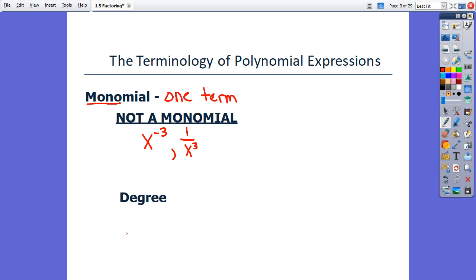That would not be considered a monomial, even though it sort of looks like one term. The reason is there's a restriction on the domain. Polynomials, as we'll see, are continuous over the entire real number system. So any kind of restriction like here, x can't be 0, creates a discontinuity, and therefore it's not a polynomial. So even though it looks like one term, it doesn't work.